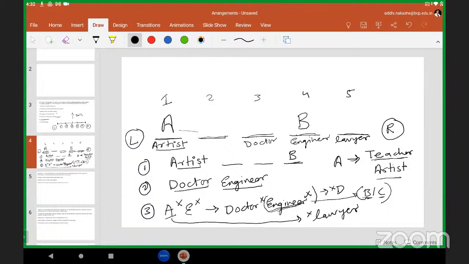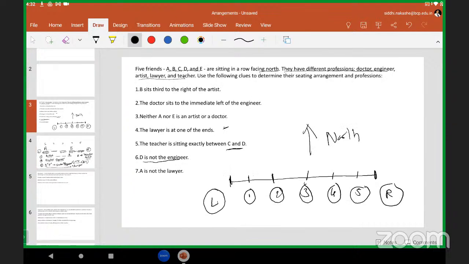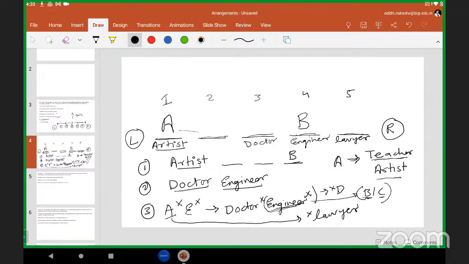Okay, so the condition given over here is that the teacher is sitting exactly between C and D. So that means the scope for B being the engineer is not right. So we'll cancel this out over here.